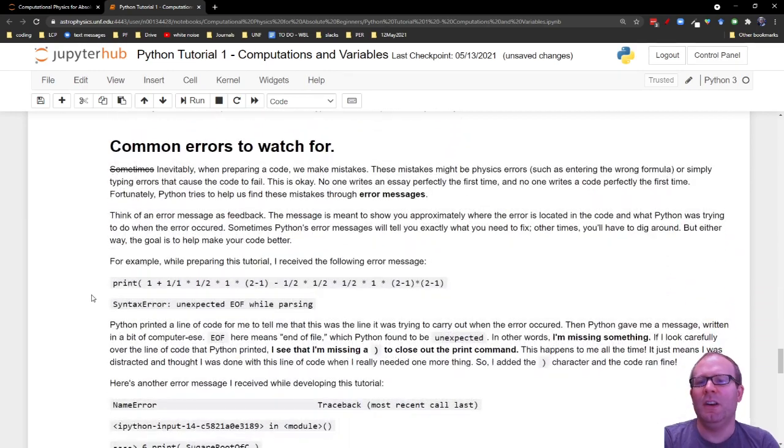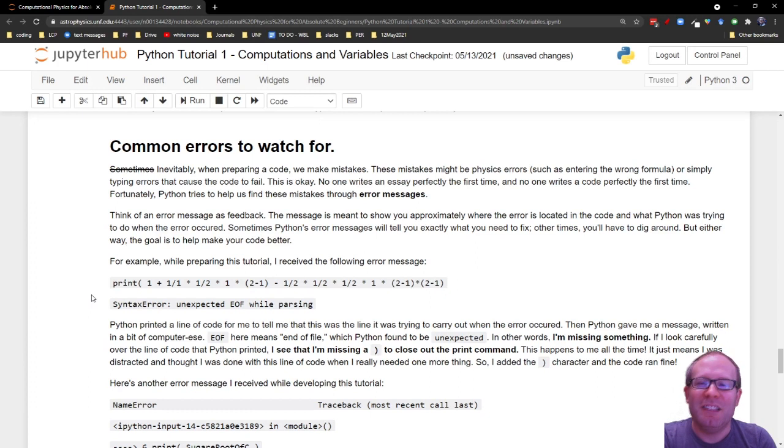And then there's a section here. I'm going to let you read this on common errors to watch out for. We inevitably make mistakes while preparing code. I have here in the tutorial examples of 2 errors that I managed to generate completely by accident while developing this tutorial. What Python will do is try to tell you where the error is, but it doesn't always do it in the most helpful way.